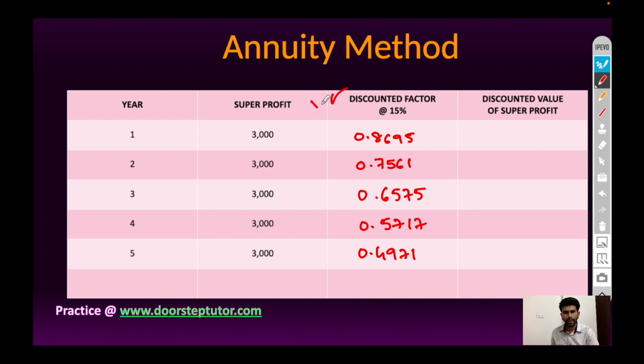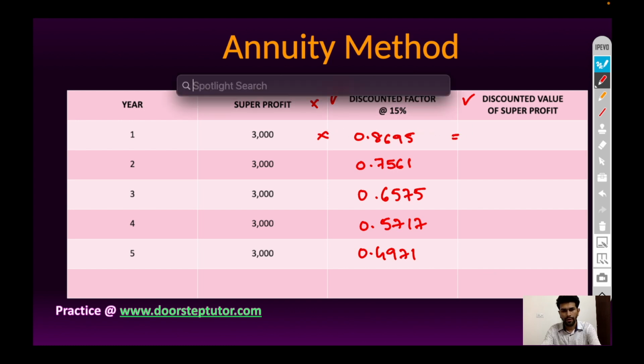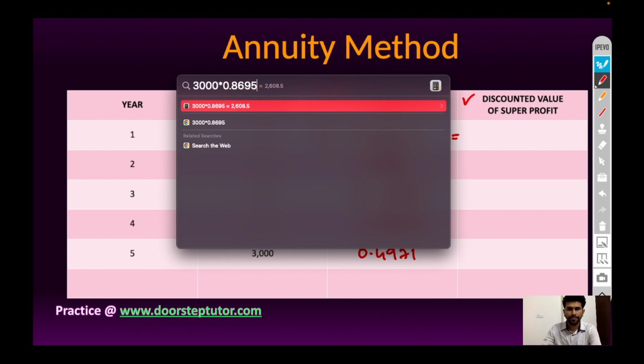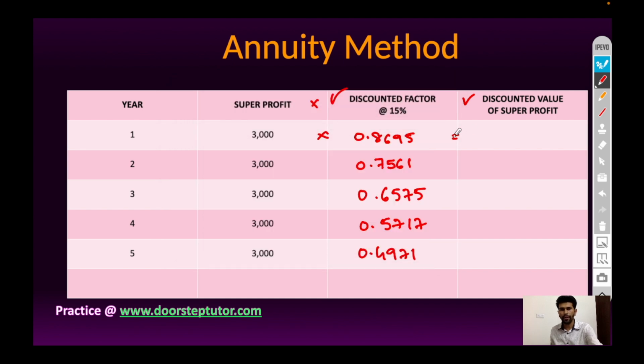Now we will multiply super profit with discounted factor. We will get discounted value of super profit. So 3000 multiplied by 0.8695, we will get 2608.5.